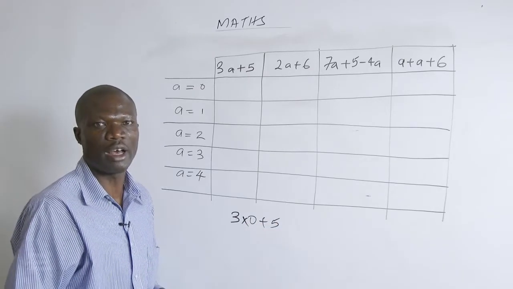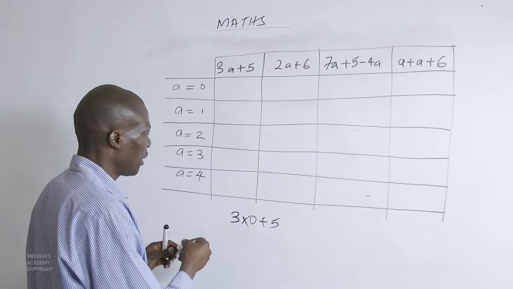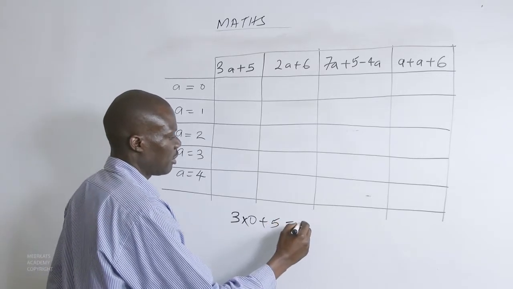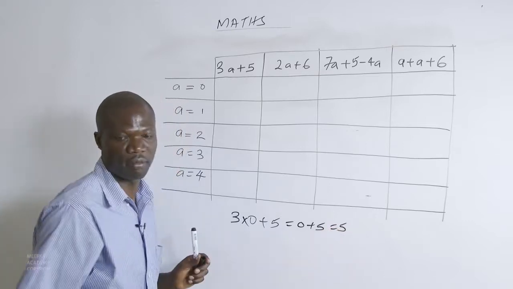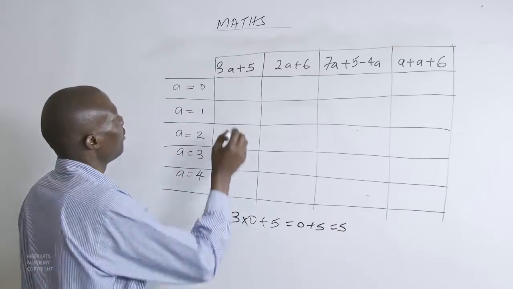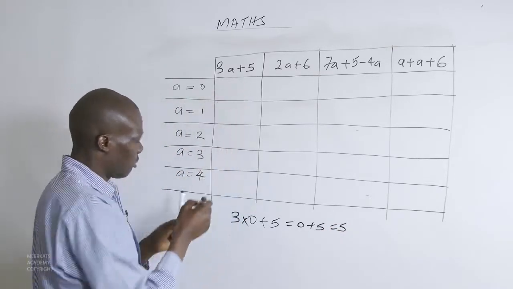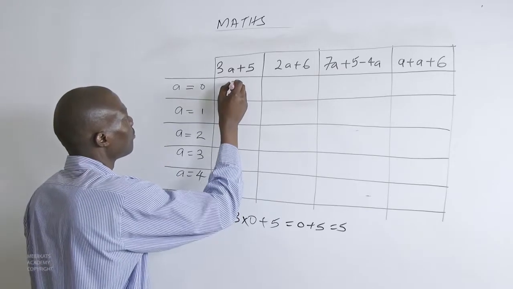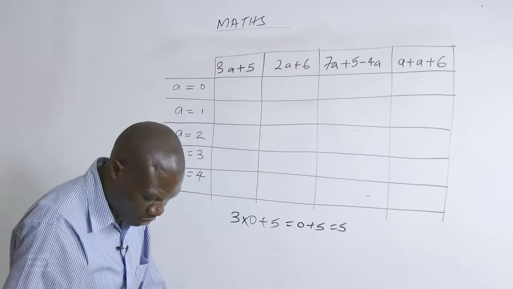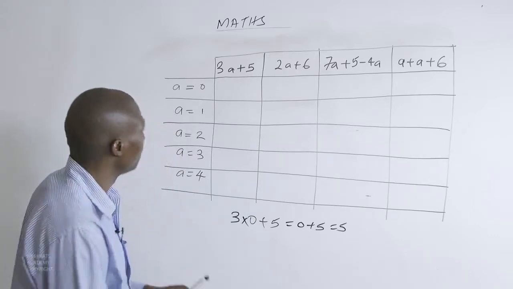That is what we shall have. So in this particular case, this will give us 0 plus 5, which is equal to 5. So the first part here, we shall fill with a 5.